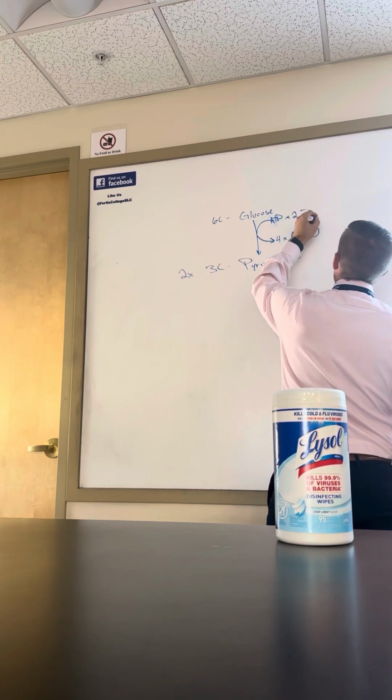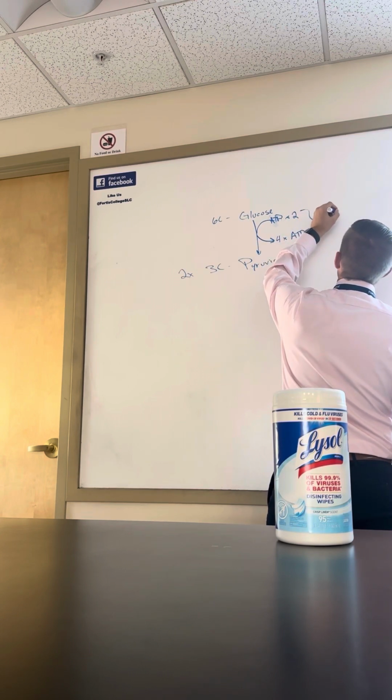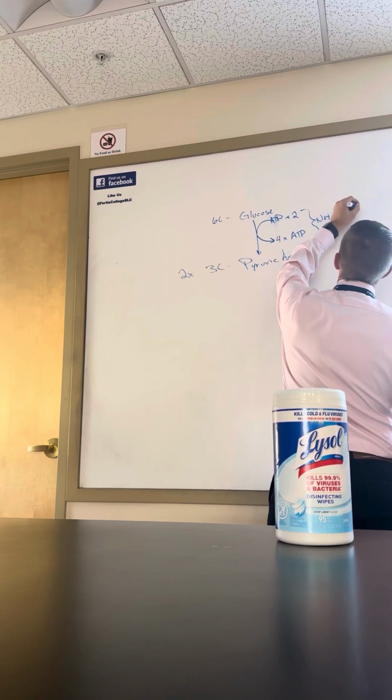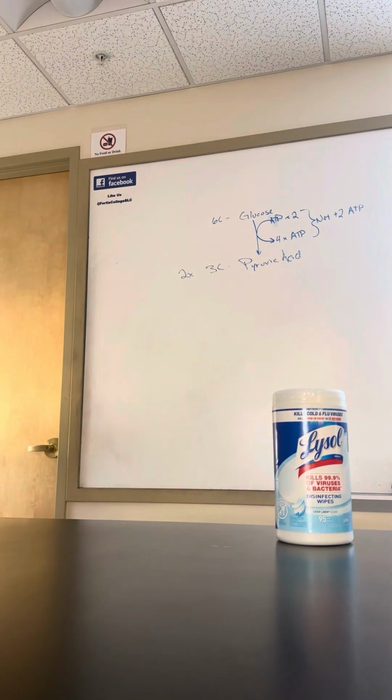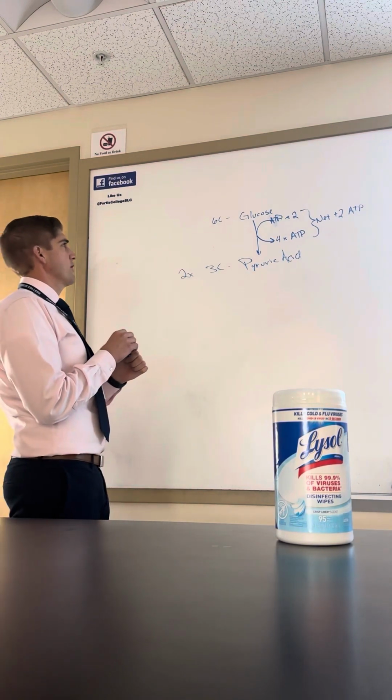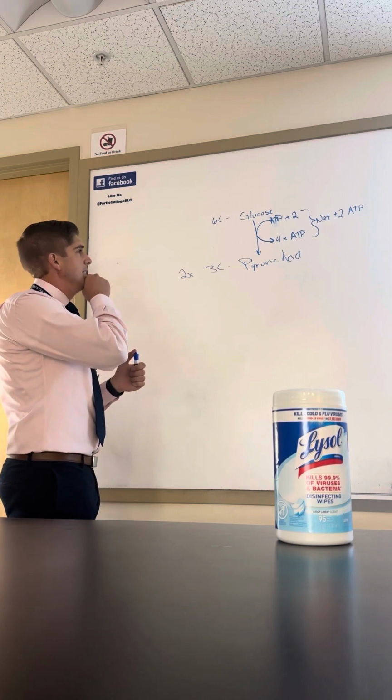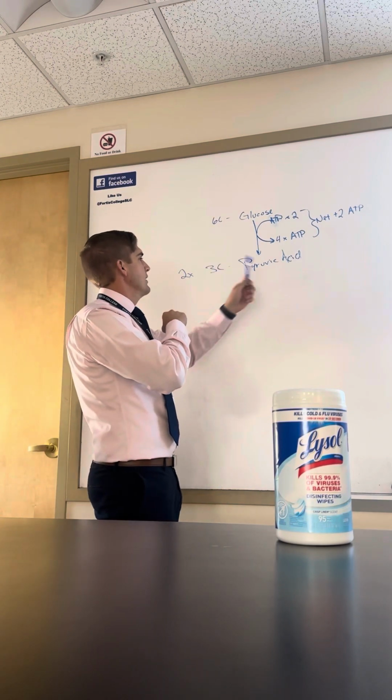So a net of positive 2 ATP. Does that make sense? 2 go in, 4 come out. So you've gained 2 more than you started with. Good. And then you get the pyruvic acid.